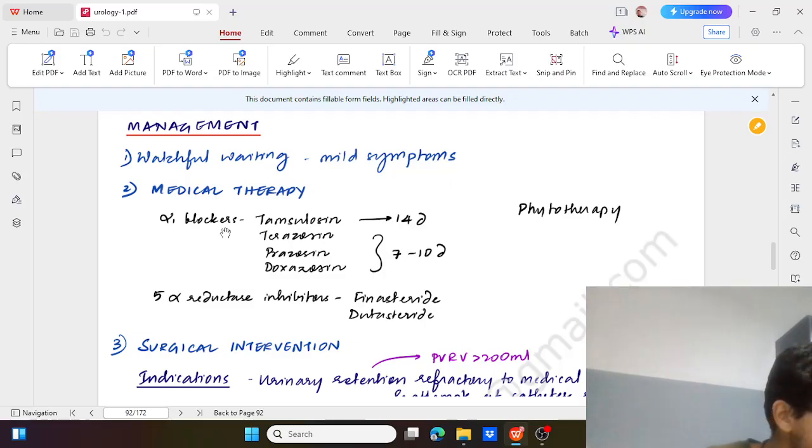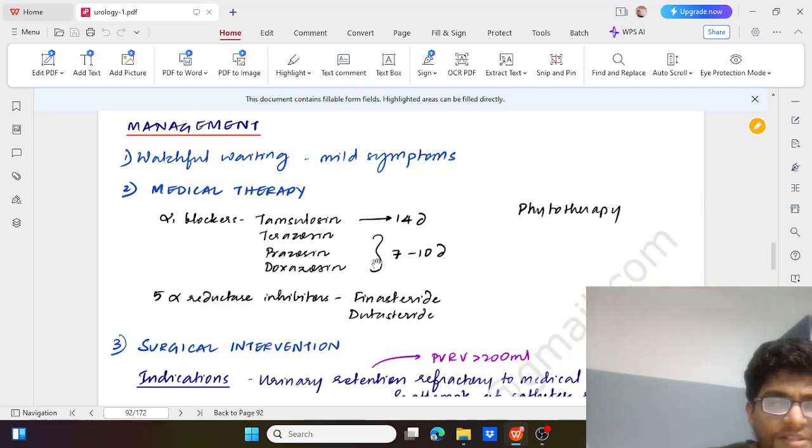To be more precise, they are alpha 1A blockers. The drugs we have are tamsulosin, which needs at least 14 days to have its effect. Then we have terazosin, prazosin, doxazosin, which have effects in 7 to 10 days.